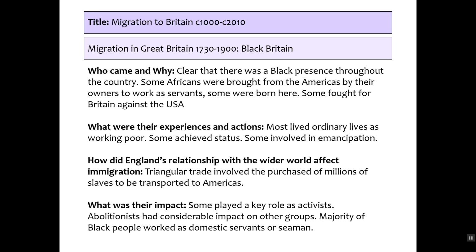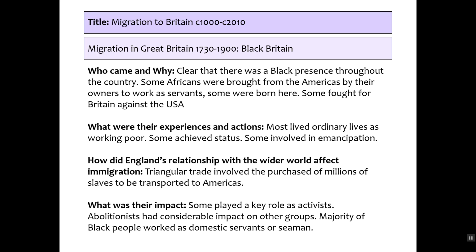They cannot be treated as slaves. Some achieve status and some are indeed involved in emancipation, particularly people like Olaudah Equiano. We see the abolition movement grow as a result of them. They play key roles as activists. Abolitionists had a considerable impact on other people, and the majority of black people worked as domestic servants.